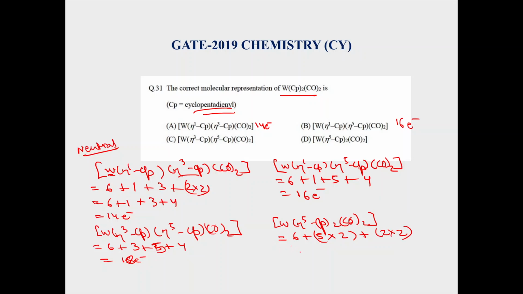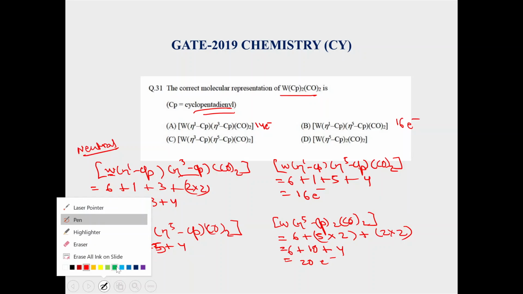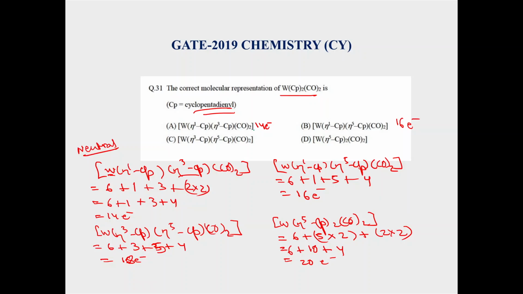So 6 plus 10 plus 4. So here it is a 20 electron system. So this is 18 and this is 20.